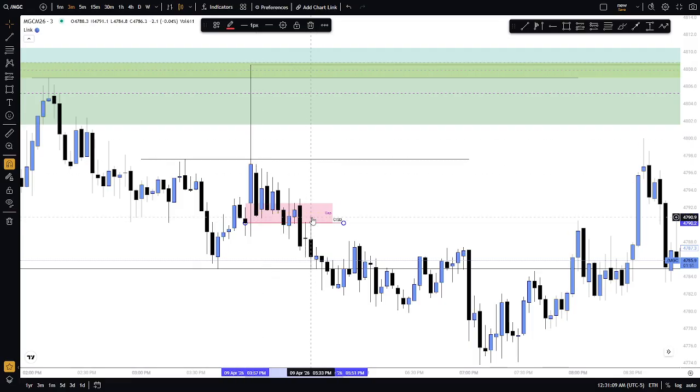So once price broke and closed below this area, it's now a change in state of the market direction from bullish to bearish, because this is a structural point for the bulls to continue. Hence why this area could have worked as support for price.